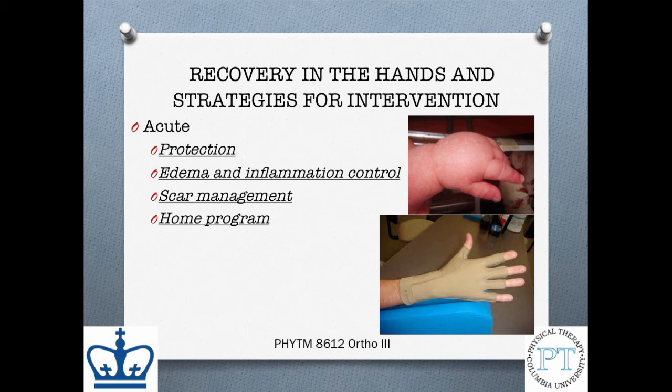We have to begin to get that fluid to come down a little bit. There are certainly compressive garments, either wrapping or even sleeves, that can be utilized. Scar management, because if that scar does not move properly, there will be adhesions underneath, limiting motion and soft tissue flexibility. And protecting the joints in this early stage to prevent further injury.